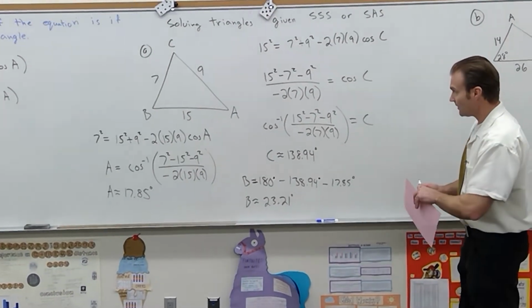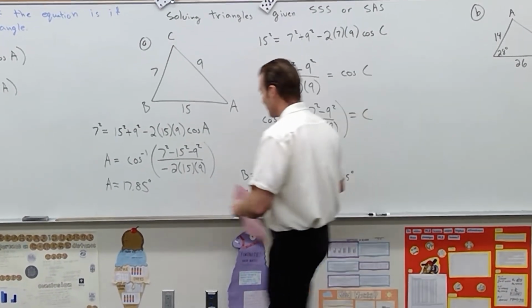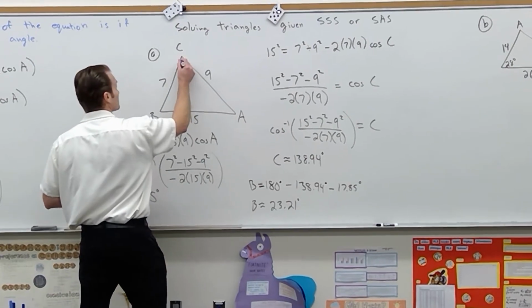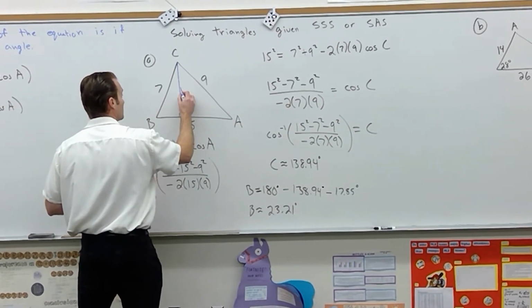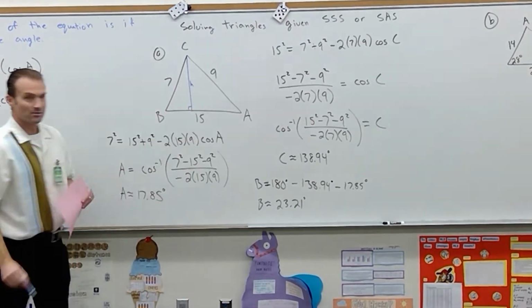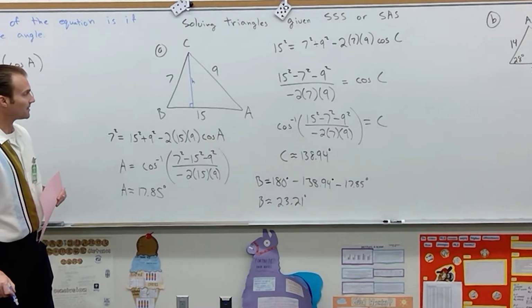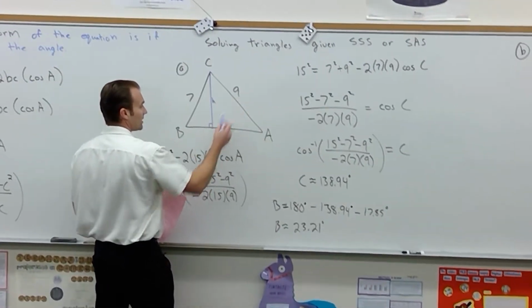Let's go ahead and find the area now. So remember what you want to do when you're finding the area. Make a right triangle here. This is our height, and use sine to find the height. So I know that sine of angle A will be the height divided by 9.